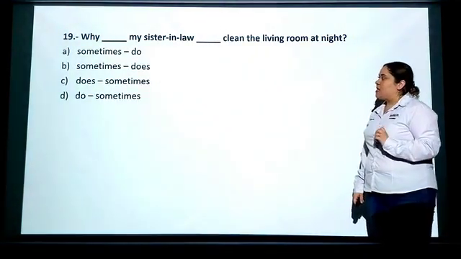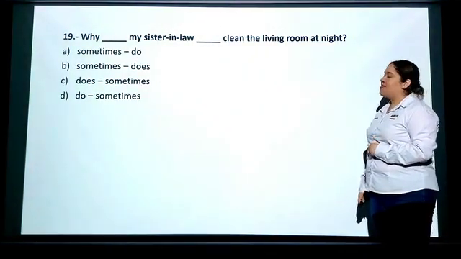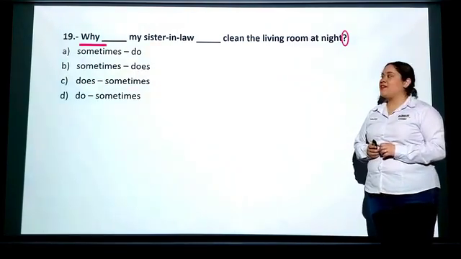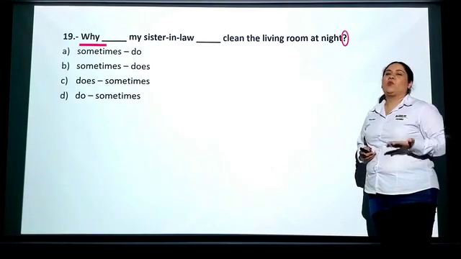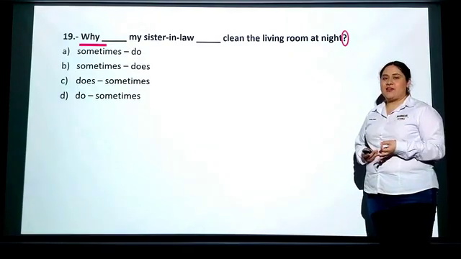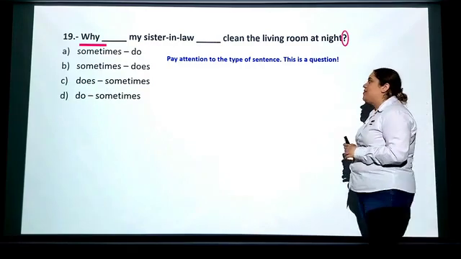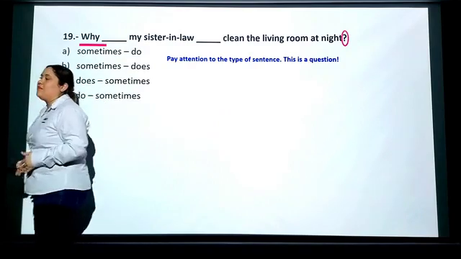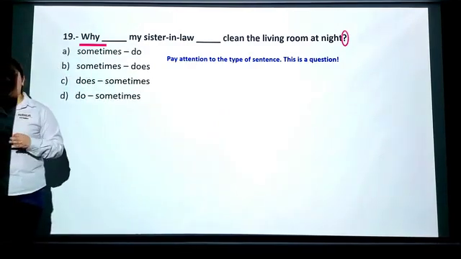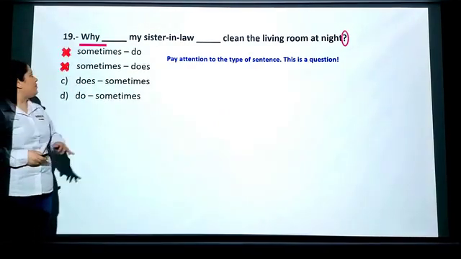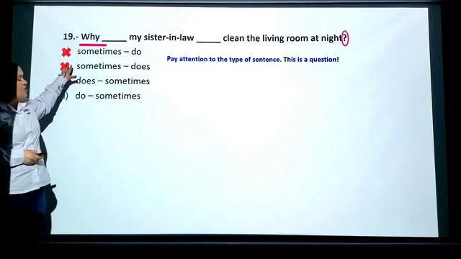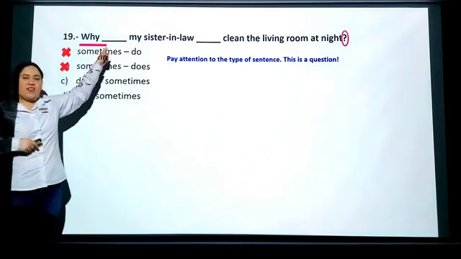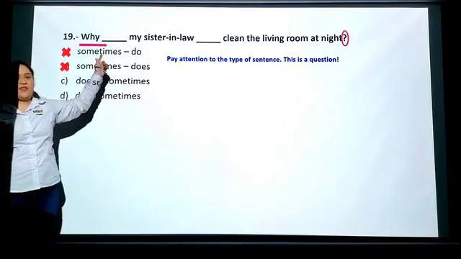Why my sister-in-law cleaned the room at night? This is a question, right? What is this telling us? Well, over here, this is telling us that the order of the elements is going to be written in a certain form. So, we can eliminate these options because first we need the do or the does, meaning the auxiliary, right?